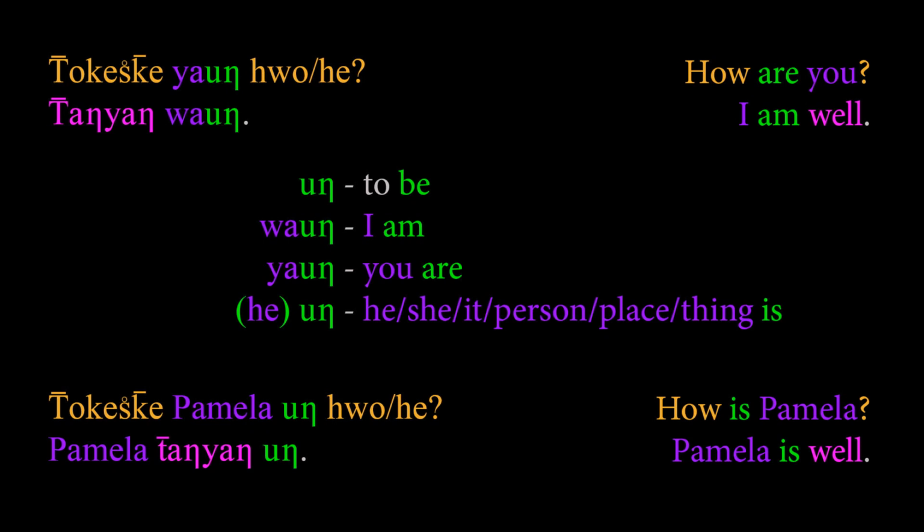Focus on the purple and green, just for now. Here you have Pamela, dayan. They're not connected. The words are not connected. They are separate. So again, wa'u, one word. The second sentence, wa'u, it's one word.